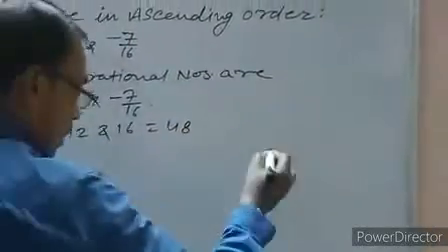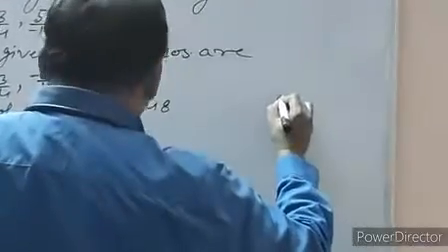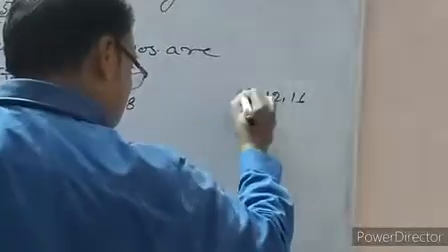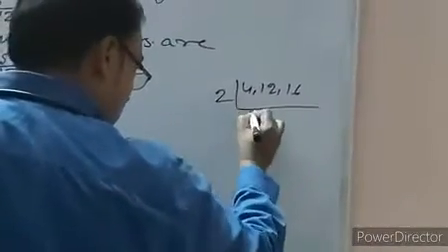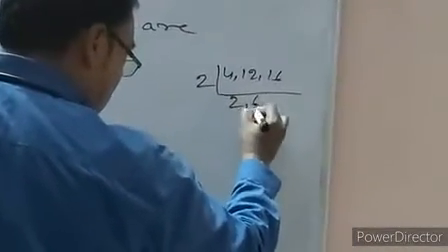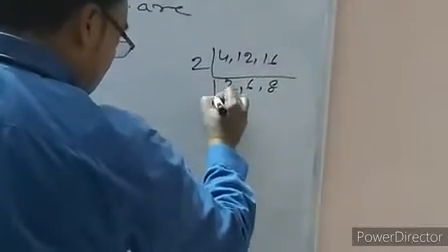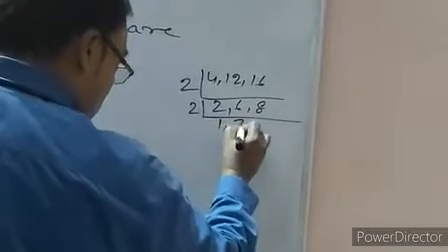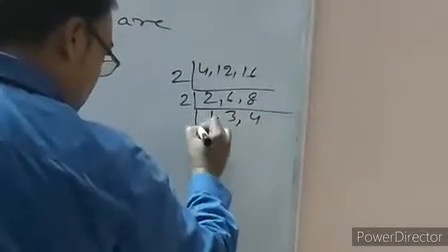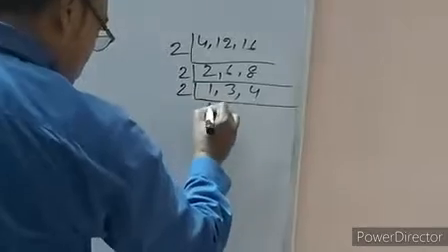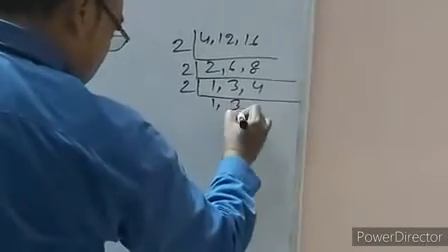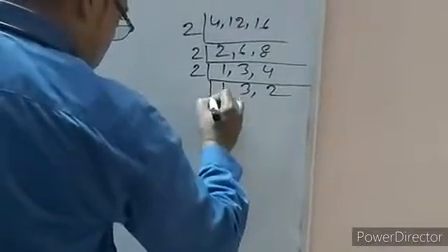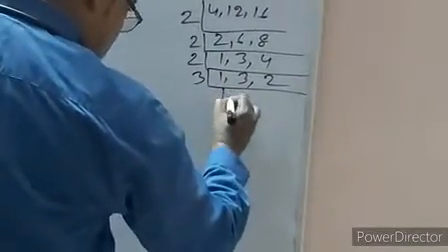Step 2: LCM of 4, 12 and 16 equals 48. You can find the LCM of 4, 12, 16 by dividing by 2: 2 2s are 4, 2 6s are 12, 2 8s are 16. Again divide by 2: 2 1s are 2, 2 3s are 6, 2 4s are 8. Next divide by 2: 1, 3 and 4, then again by 2: 1, 3, 2, and again by 2: 1, 3, 1.